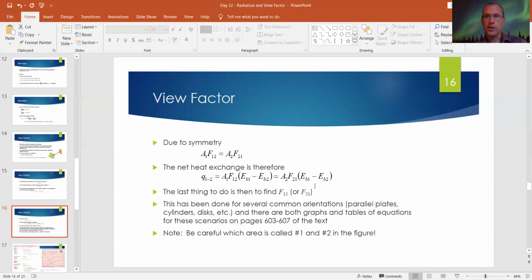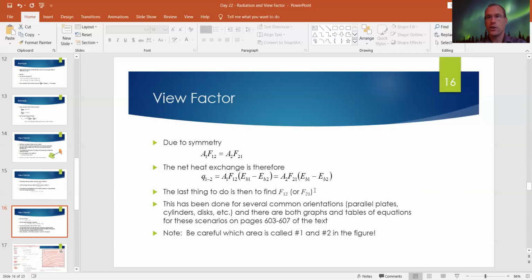The last thing we need to start evaluating these radiation problems between two objects is to find the values of F12 or F21. This has been done for several common orientations. Again, this is basically, I have some object, how much of that object actually hits the second object.